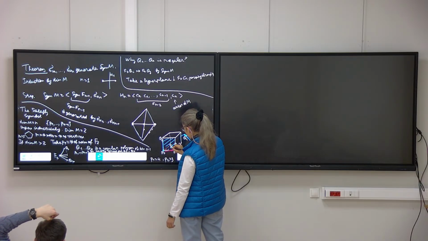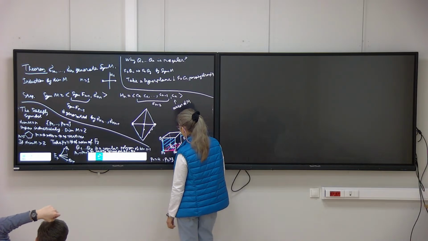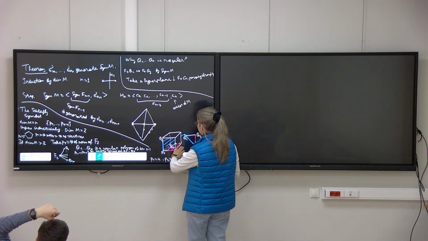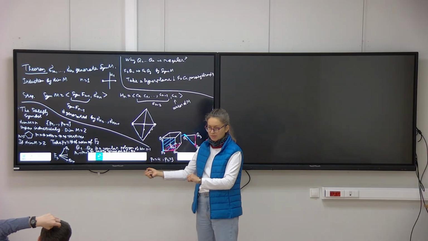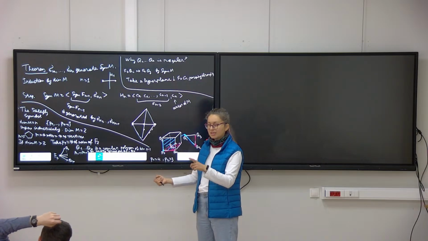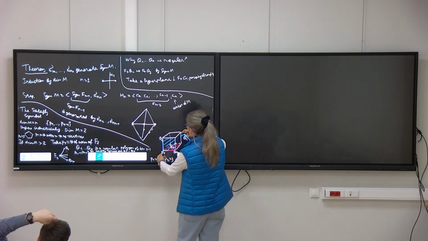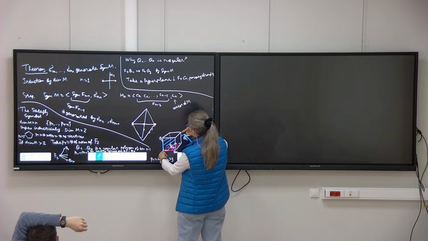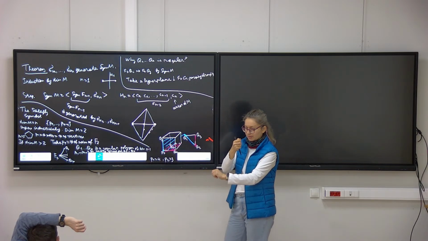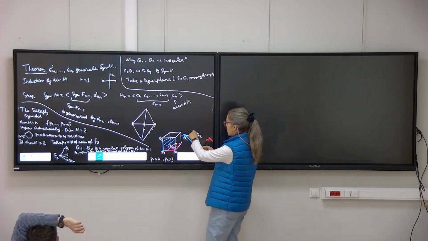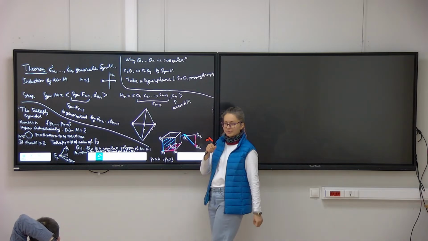So we have two flags on the cube. There is an element which sends one into the other one. Yes, indeed, it is a rotation along this line by 2 pi over 3. And it corresponds exactly to the rotation here.